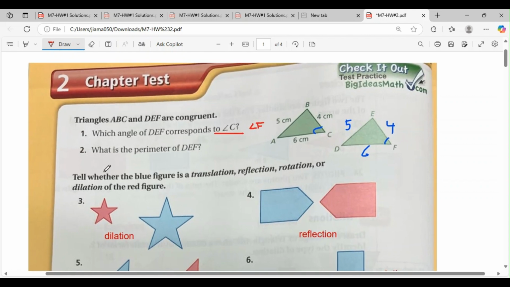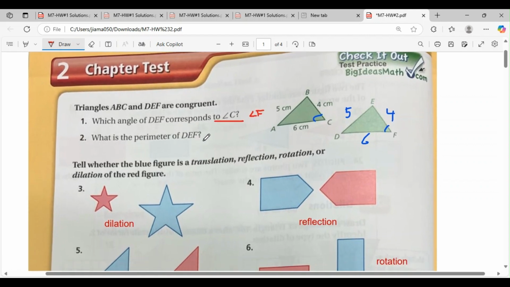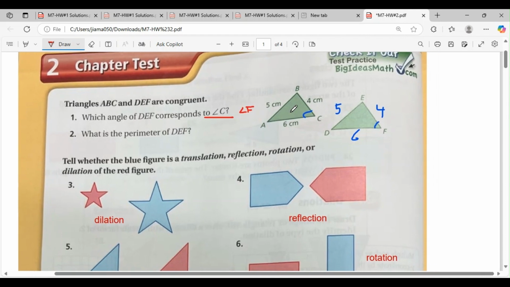Okay, so next, what is the perimeter of DEF? We know that they are all the same, so we know the length of each side.